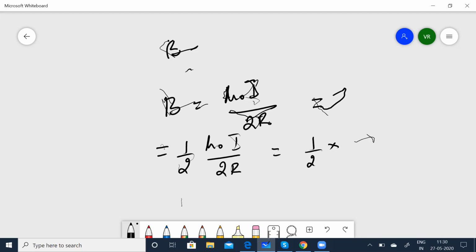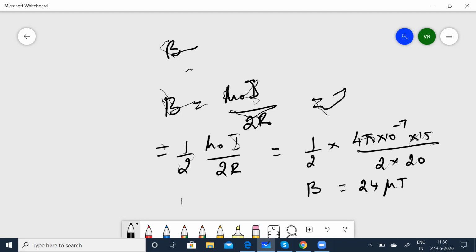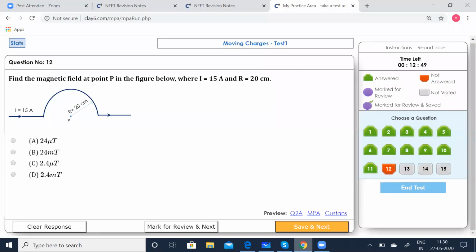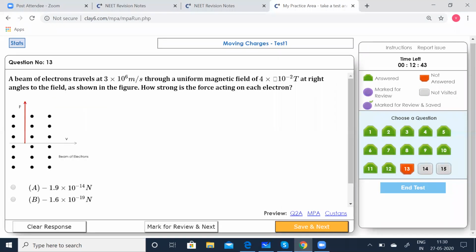So half into mu 0, which is 4 pi into 10 to the power of minus 7, into 15, I is given as 15, divided by 2 times R, which is 20. Quickly simplify this. You can find that B is approximately equal to 24 millitesla, I'm sorry, millitesla. So option B is correct. Save that. Going to the 13th one.